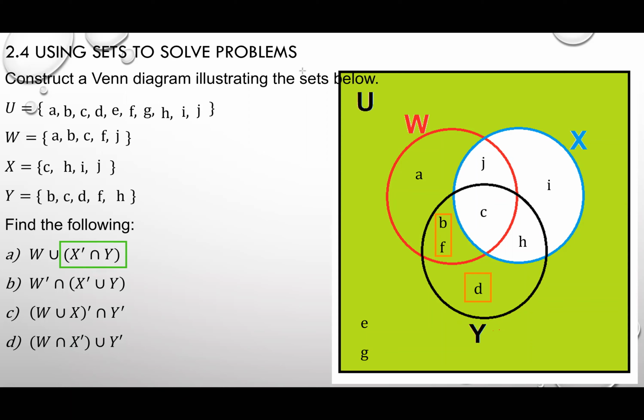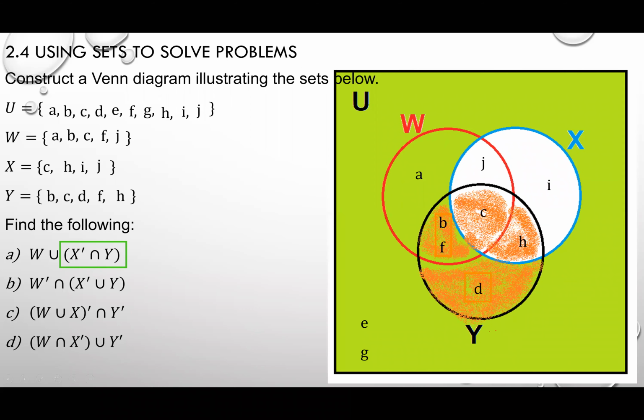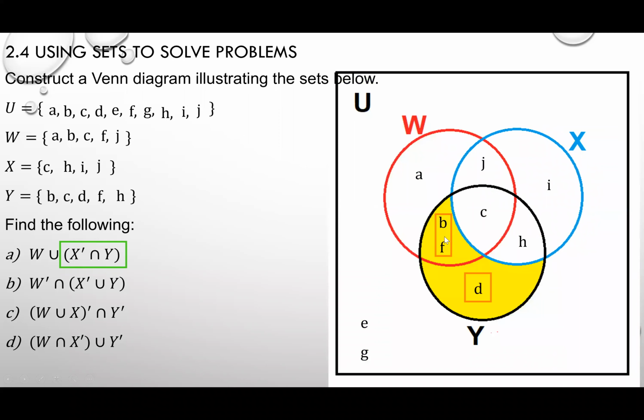So remember, we need to do this: like I mentioned, my orange items are the items in Y. But because of the intersection, I can only choose the items that have both colors, the green and the orange, which are the 2 items that are outside of my X. These are the 2 items that are outside of my X, but also inside my Y. Everybody see how I came up with this orange item?